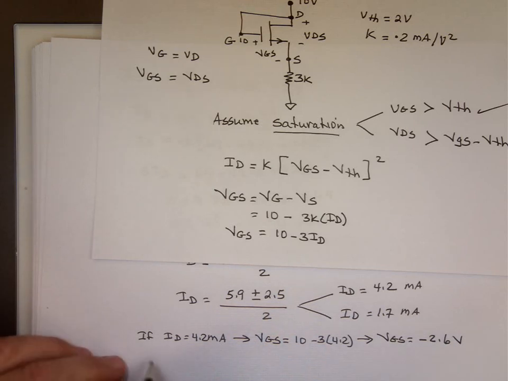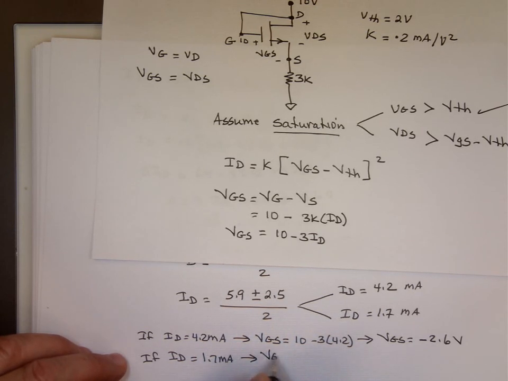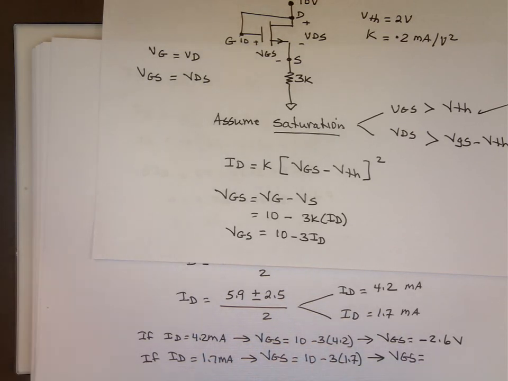And if I use I sub D equals 1.7 milliamp, VGS is going to be what? 10 minus 3 times 1.7, 4.9 volts.